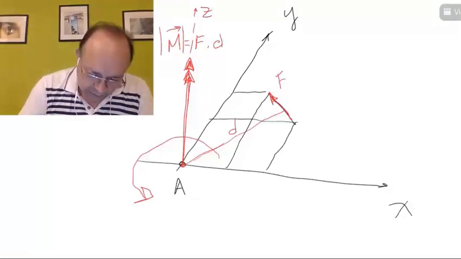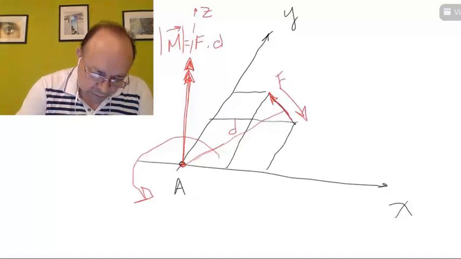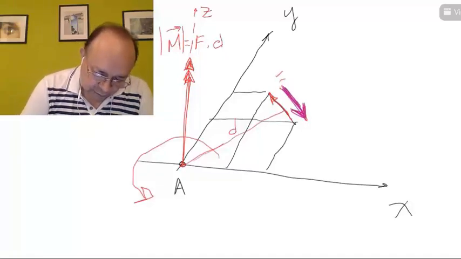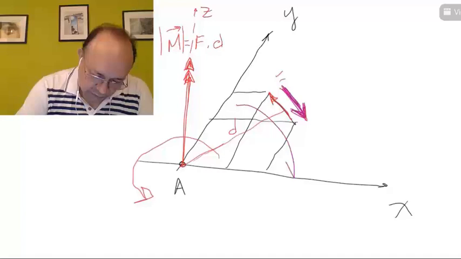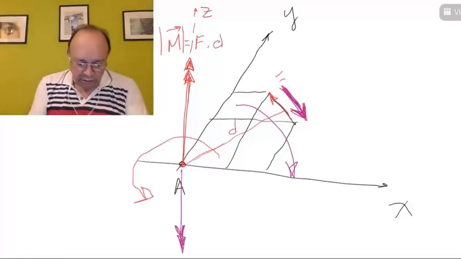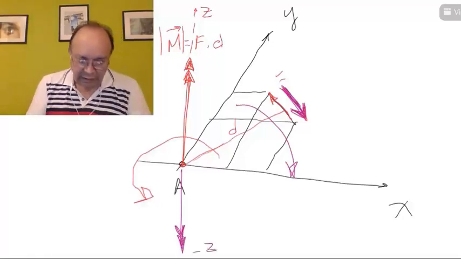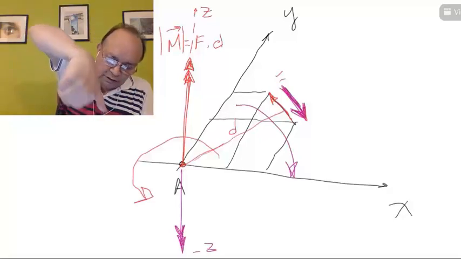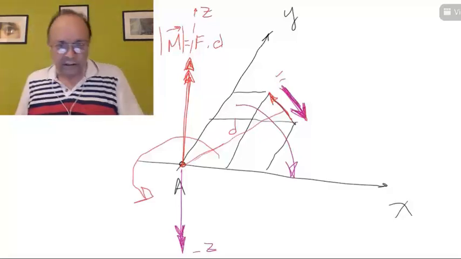If you have a moment that is produced, say, by a force in the other direction, let's put it here in purple. If I have this purple force kind of parallel to the one that I drew the first time, this one will produce a moment in the opposite direction. So that will be a moment going down in the minus z direction. The rotation is in this direction, and the vector goes down like that.